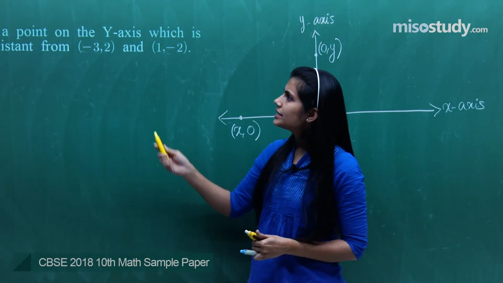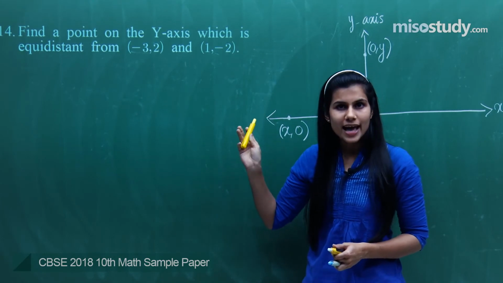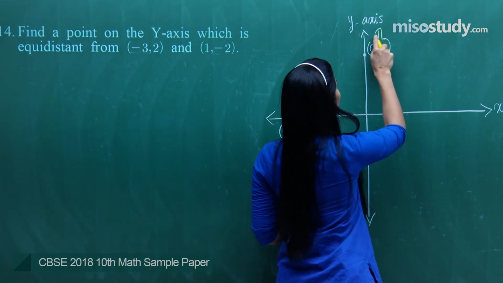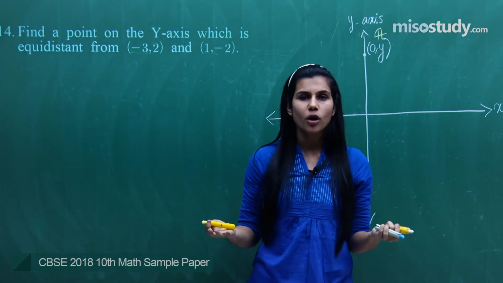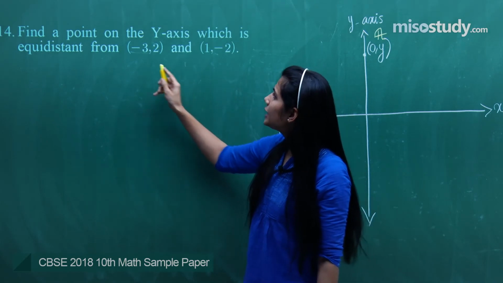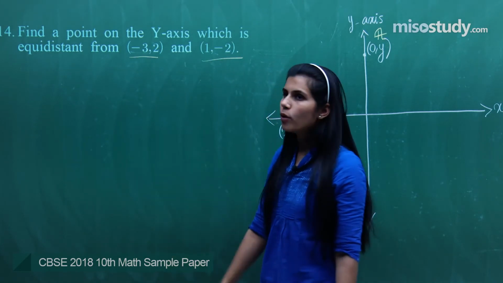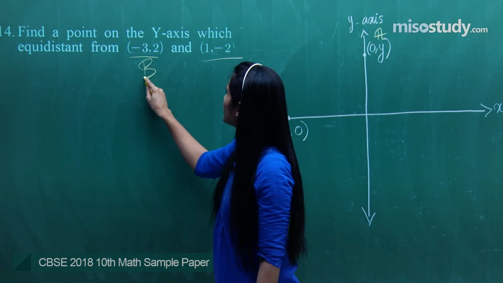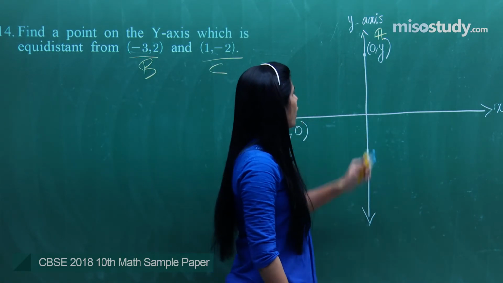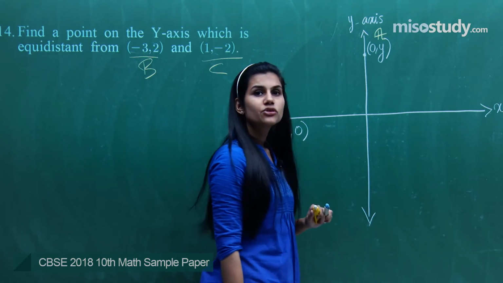That means the only unknown left is one coordinate out of the two. Over here the question is saying there is a point lying on the y-axis, so that point looks like this. Suppose this is that point lying on the y-axis, 0, y is how it looks. And that point is equidistant from these 2 points. Suppose this is my point B and this is my point C. Now this point is equidistant from -3, 2.